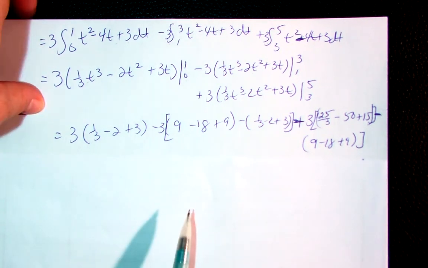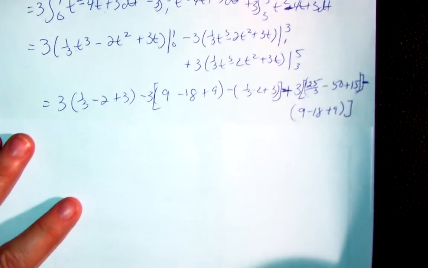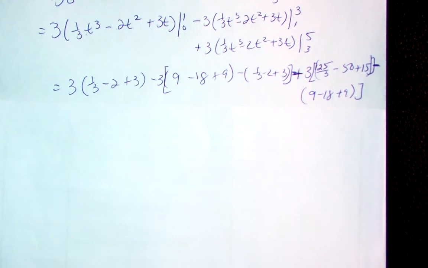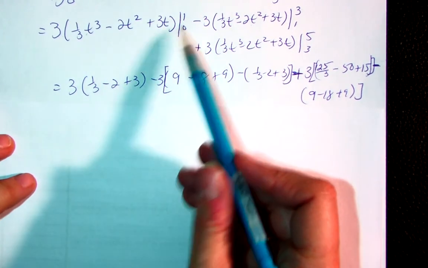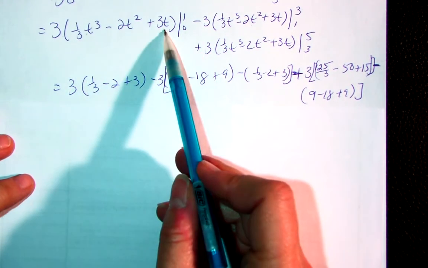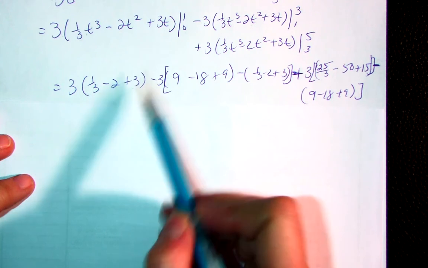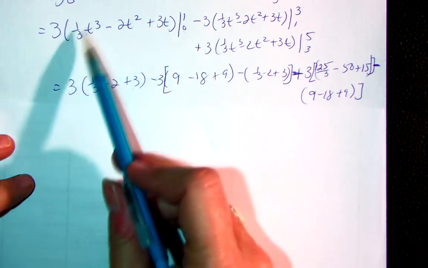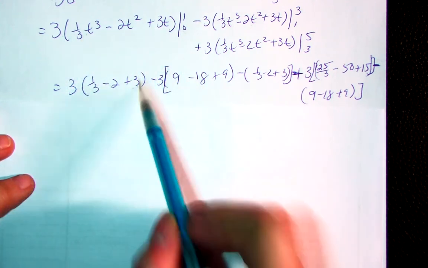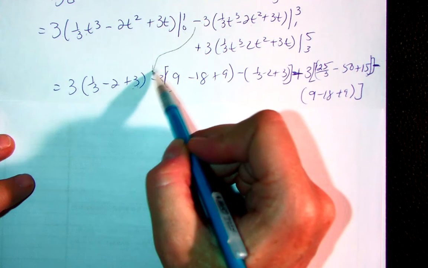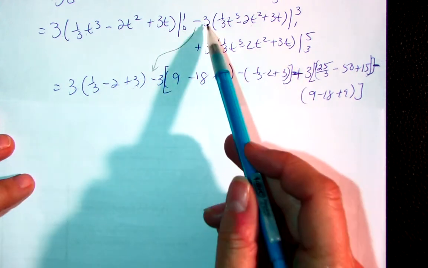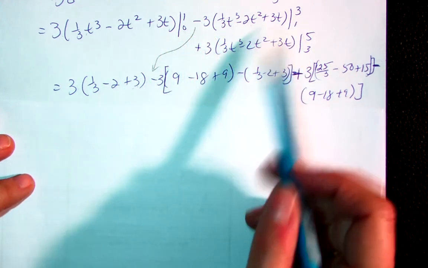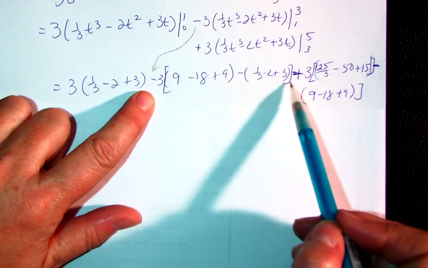So now, let me lift this up a little bit higher. I put in the 1 for everything, and then the 0 goes to 0. So all I did is put in the 1. So this minus is this minus. Now I'm going to leave the 3 on the outside. There it is. There's my square brackets.